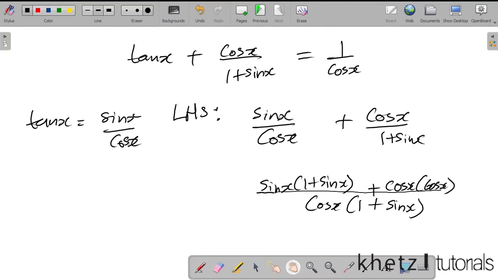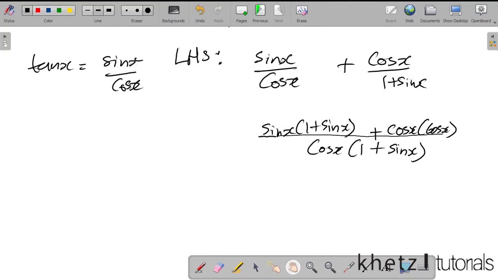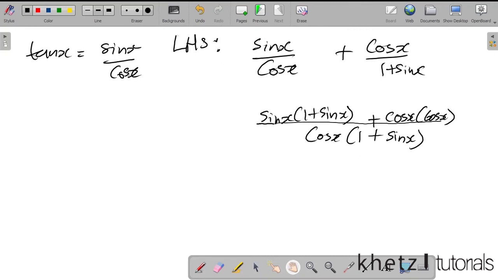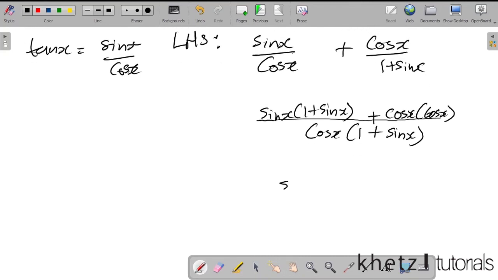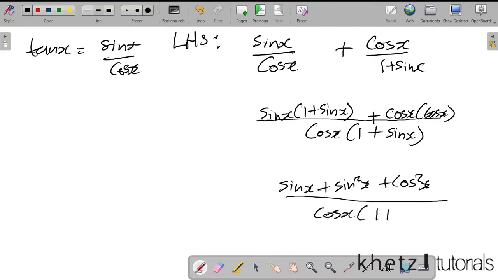Now that we have that, you can multiply through and say sine x plus sine squared x plus cosine squared x. Let's just leave the denominator as it is, cosine x times 1 plus sine x.